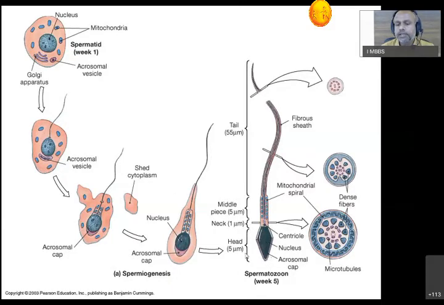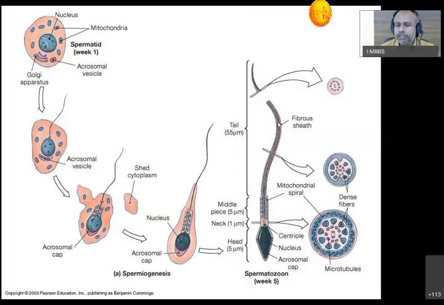The head size is 5 micron. Out of this, 55 plus 5 plus 1 plus 5 makes 60, 65, 70 microns. This is the head, and this is the neck, where you will see the proximal centriole. This is the middle piece, showing the mitochondria surrounding it.